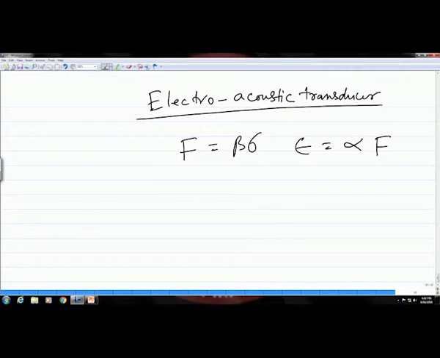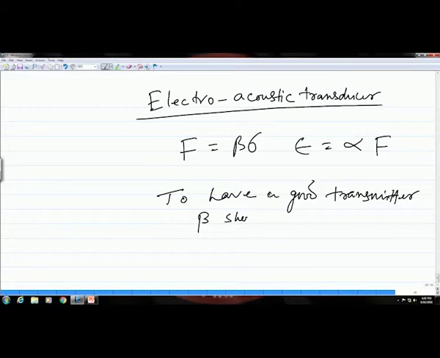So, for having a good transmission, beta should be high, similarly to have a good receiver, alpha should be high.